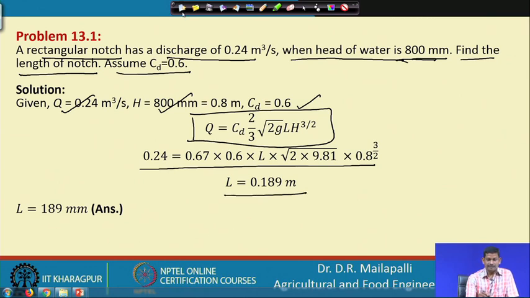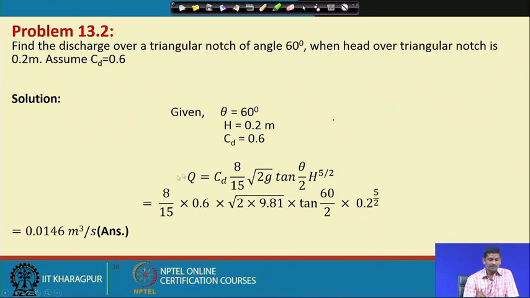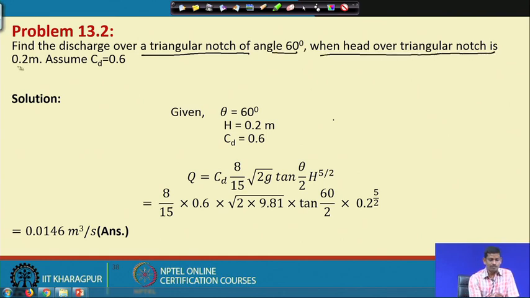Then we have another example, on finding the discharge over a triangular notch of 60-degree angle, when the head over the triangular notch is 0.2 meter and C_d is given as 0.6.